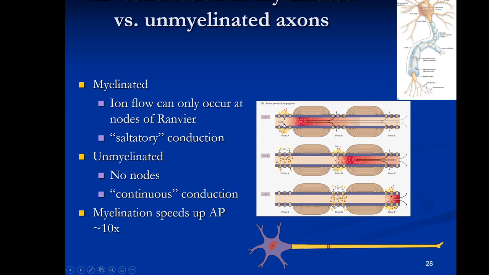It's basically allowing the action potential to skip big chunks of the axon, and in turn, it's going to move a lot faster. We call this saltatory conduction. Sometimes it's pronounced saltatory, but this is much faster than continuous conduction. Myelination can speed up action potentials over 10 times.